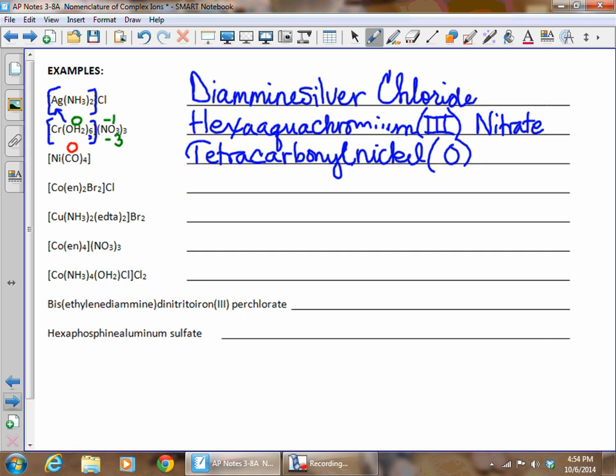Okay, look at the next one. In the next one, mark off the coordination sphere. So we've got the coordination sphere here, and it looks like we've got 2 bromines, and 2 ethylenediamines. If you look back at the chart, notice it's in parentheses. That's our indication that it is a polydentate.